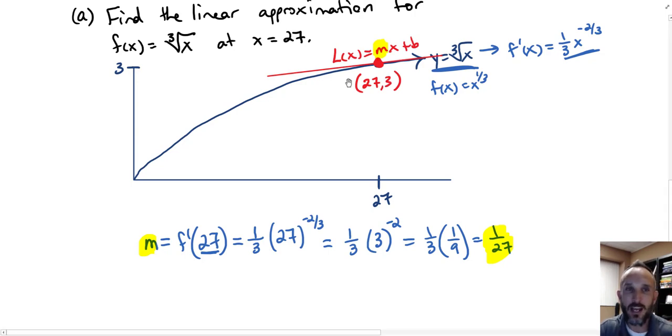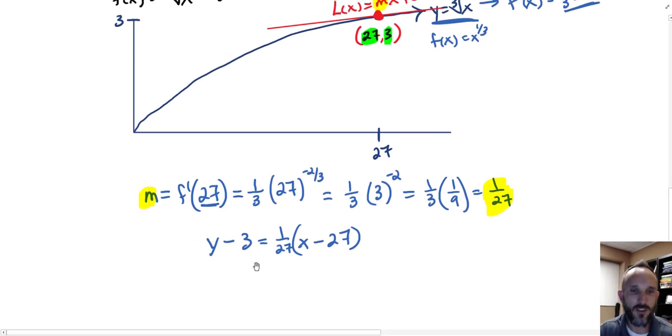We can use these x and y values along with our slope to find the equation of the line in point slope form. So we have y minus the y value of 3 equals our slope, 1/27, times x minus the x value of 27.